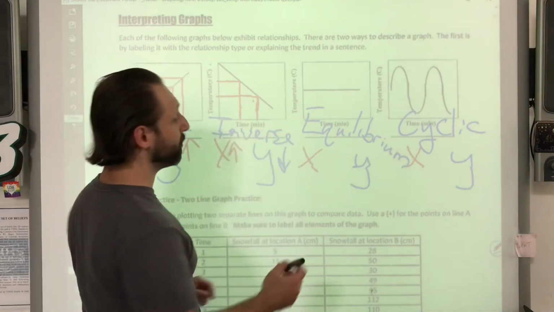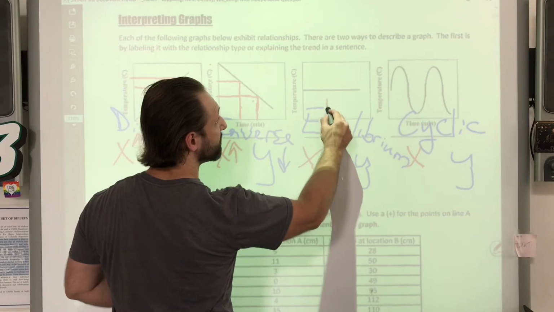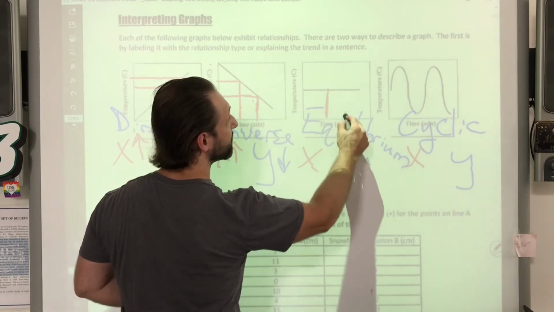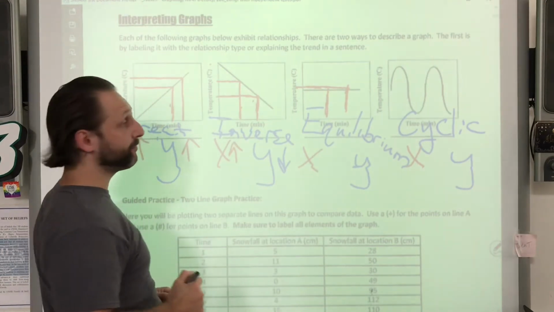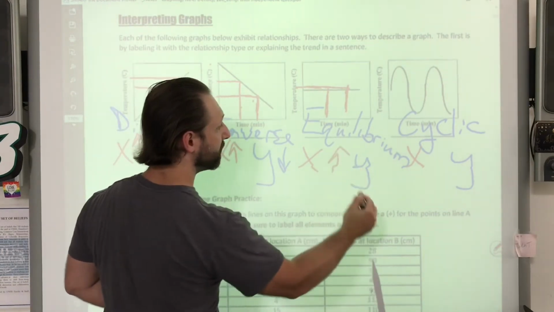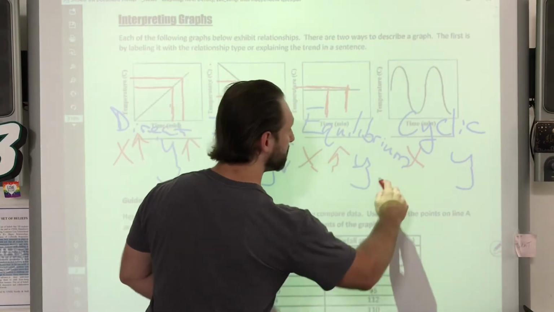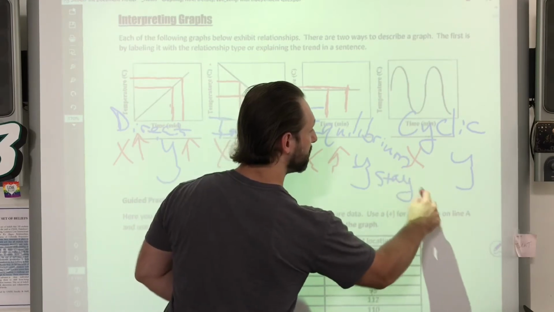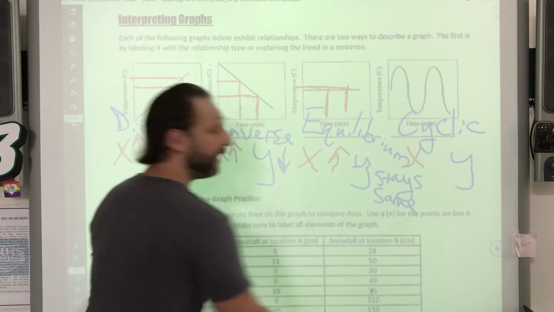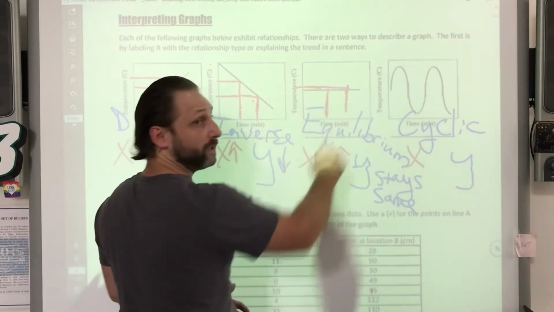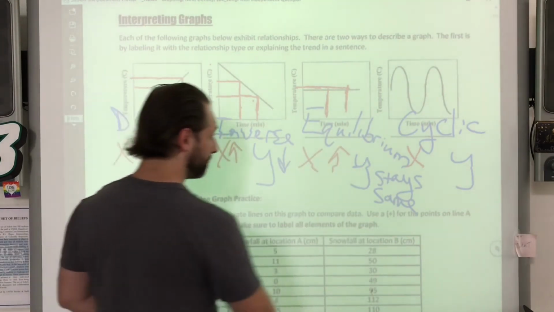For dynamic equilibrium, we can see that as we increase in x, the y stays the same. Hence, equilibrium stays equal.